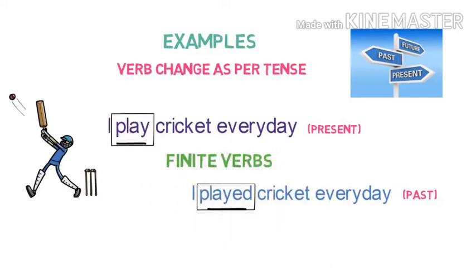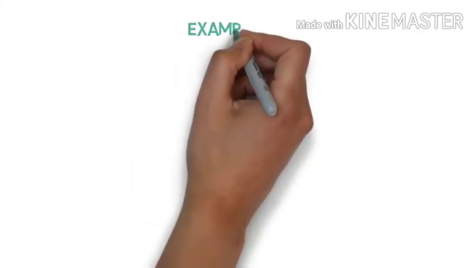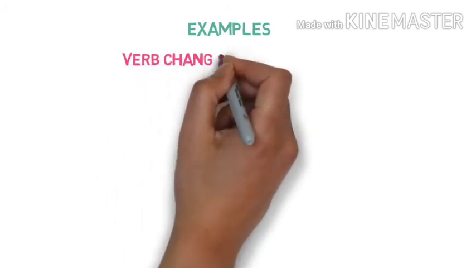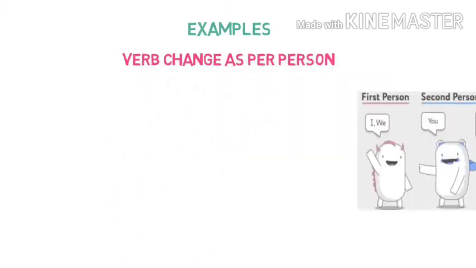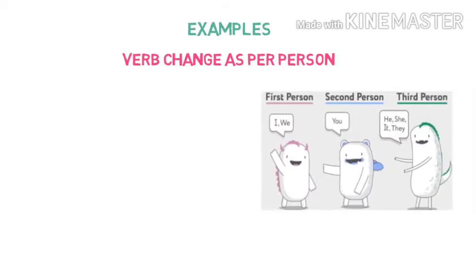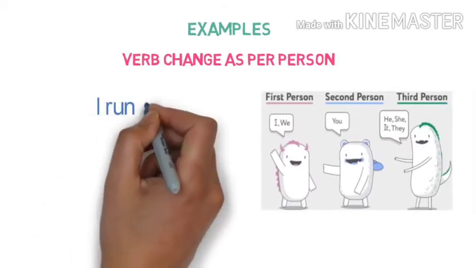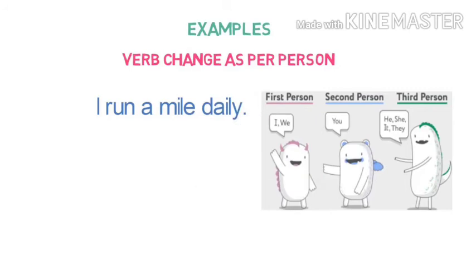Now that you are clear how finite verbs change as per tense, let's look into the example of verbs that change as per person. That is, they change as the subject is in first, second or third person. I run a mile daily. The subject I is in first person.